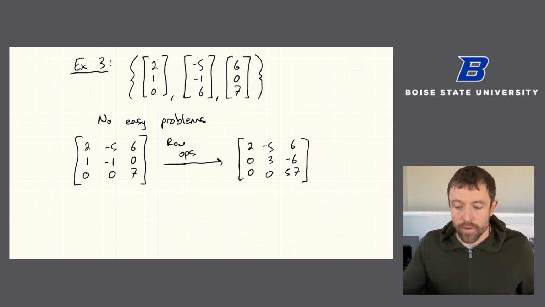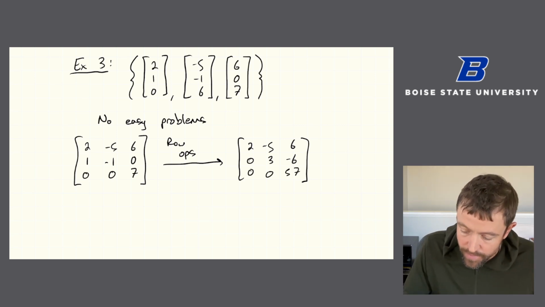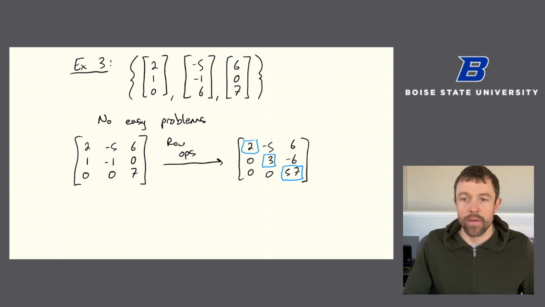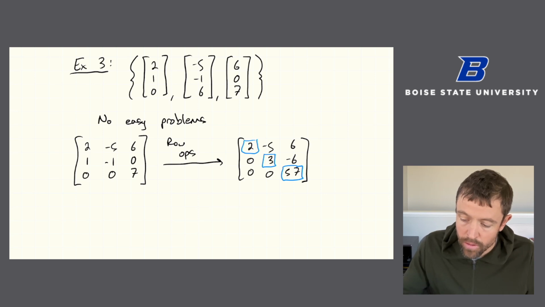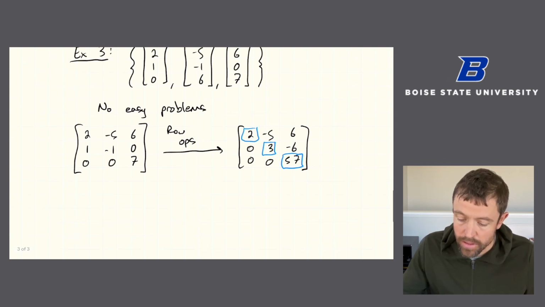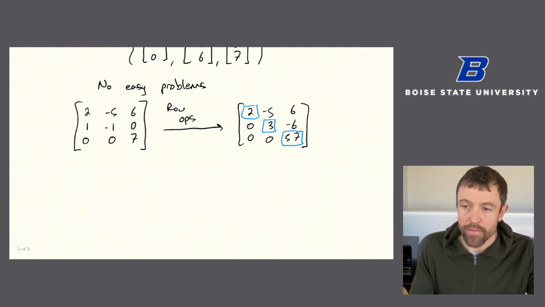And again, we're going to evaluate where the pivots are. The locations of the pivots are going to determine whether we have a linearly independent set, whether it spans R3, and whether it's a basis. So let's answer the 2 that we already know how to do. So we have a pivot in each column, right?